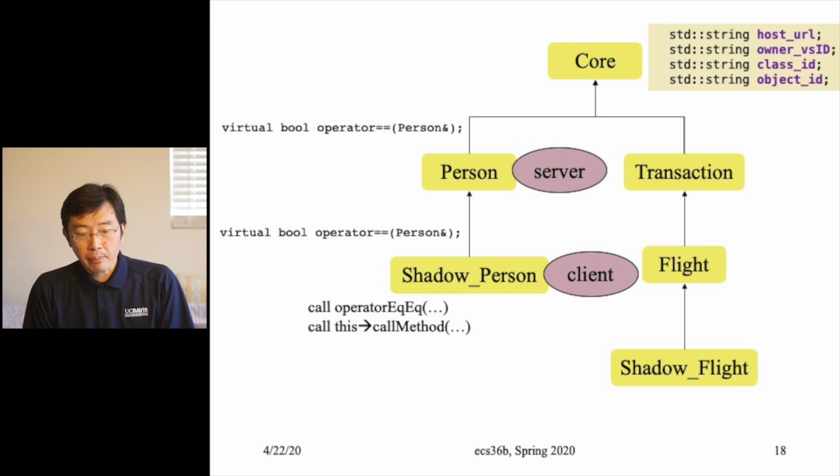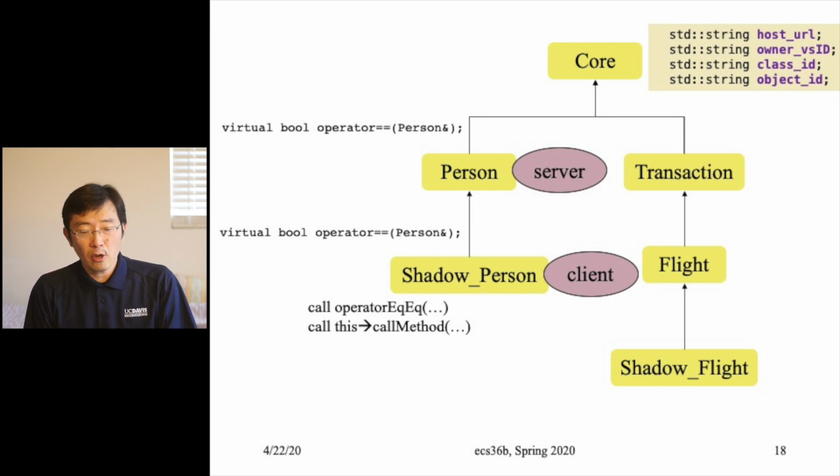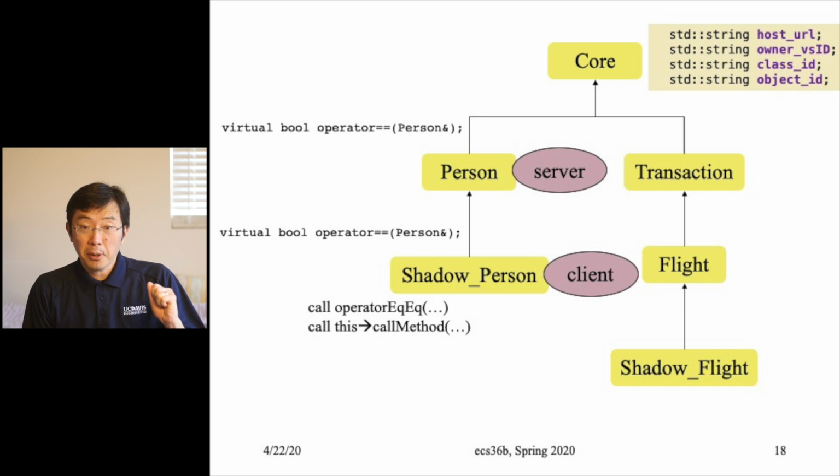Similar to what we have with get distance, the version of operator equal in the class person is going to really compare the VSID. But the version in the shadow person is going to relay that request to a remote location where the person object is really being hosted.